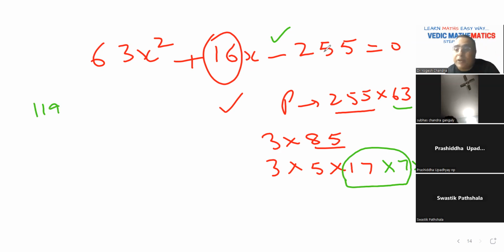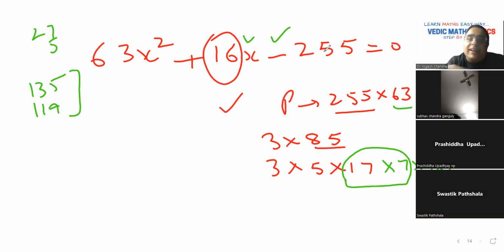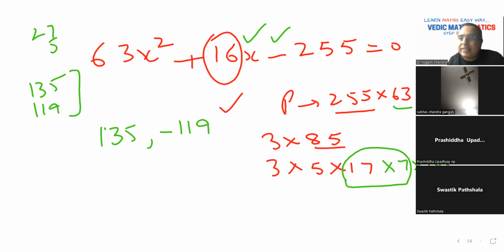In the last question itself, you did. And here it is 27 into 5. So 27 into 5 is 135. Will it solve? 119 and 135, they can give such a result. So that means 135 and minus of 119. So your work is finished.